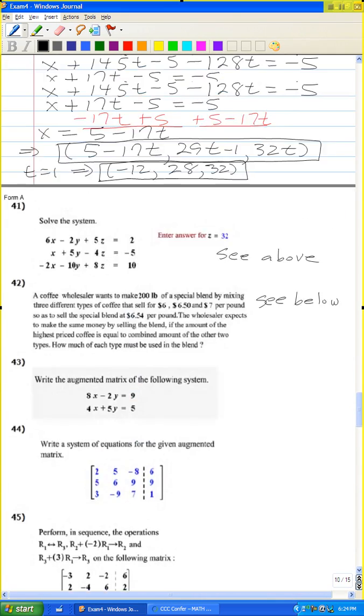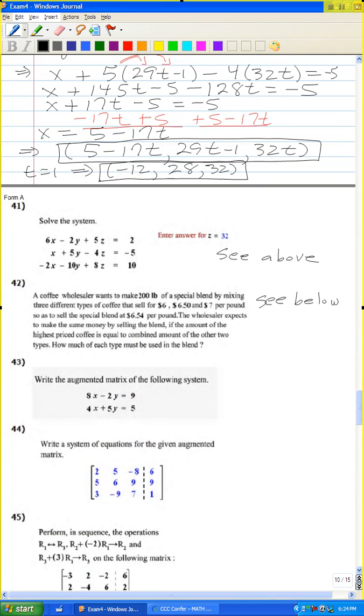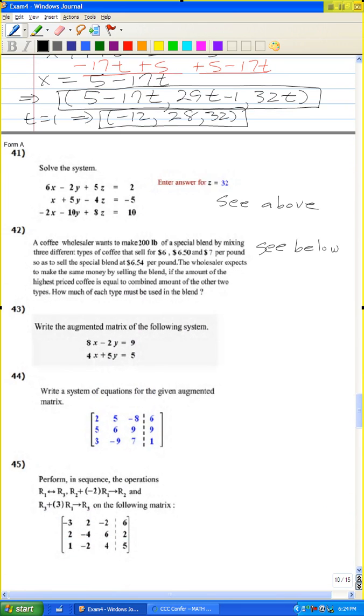Good. Oh, write the augmented matrix. Oh, that's easy. So the augmented matrix is just going to be 8, 4, -2, 5, 9, 5. And that's your answer.